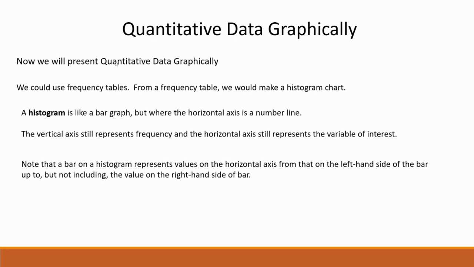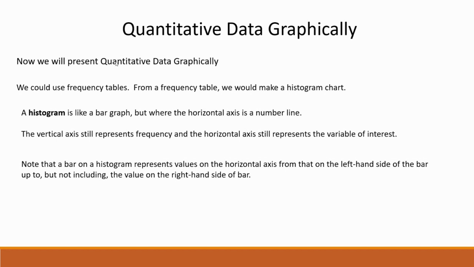We've seen that already, and histograms. A histogram is like a bar graph, but the big difference is that the horizontal axis is the number line. The vertical axis is still the same. It still represents frequency.